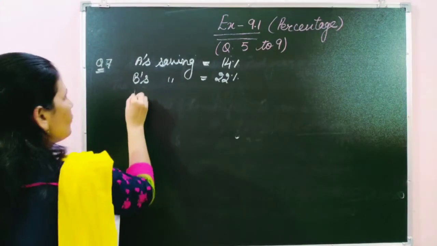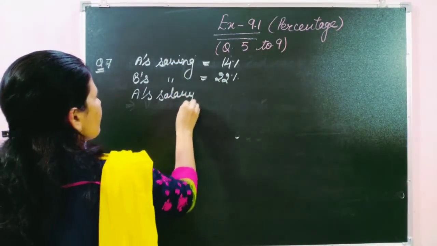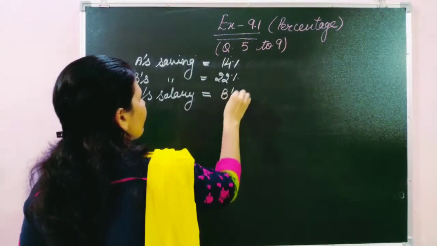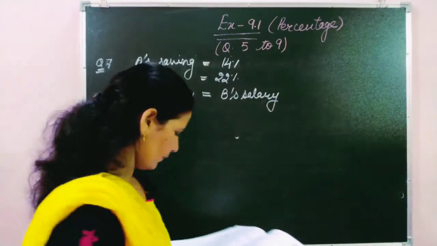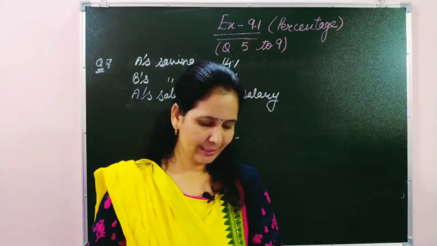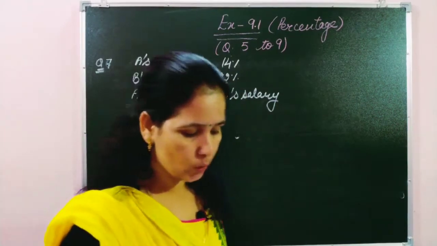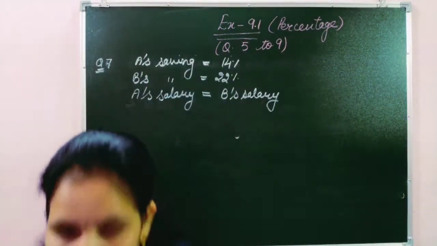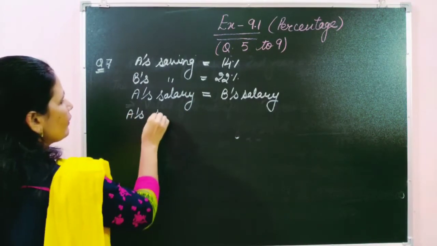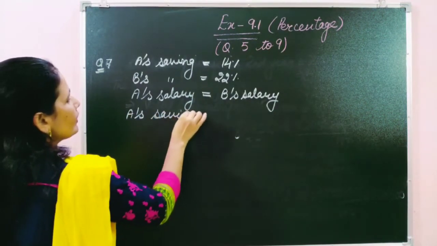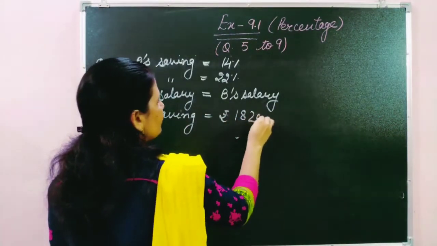So here we will show A's salary equals B's salary, because they have given the same salary for both. Then in the next step of this question, A's saving is rupees 1820, so here we will write A's saving, they have given this amount in rupees 1820.